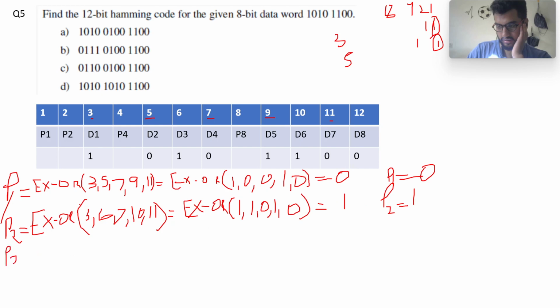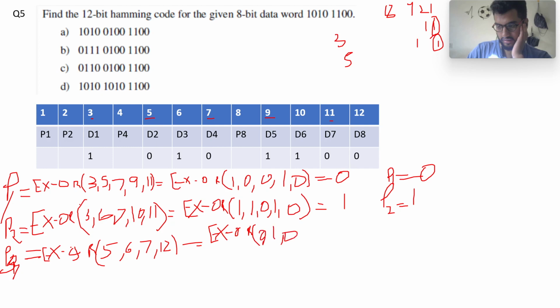Now P4 is the XOR of 5, 6, 7, 12. That is, 5 is 0, 6 is 1, 7 is 0, and 12 is 0.